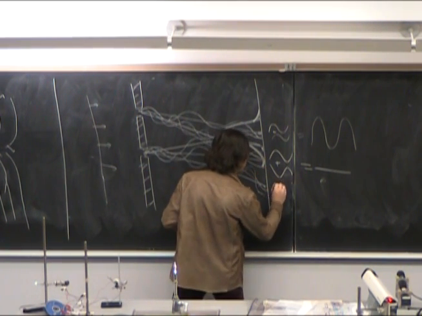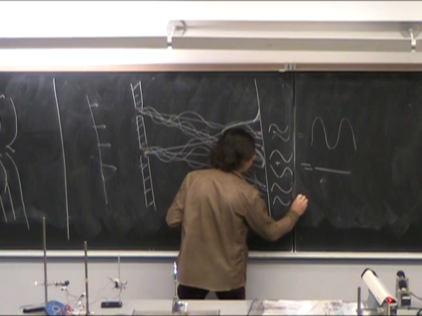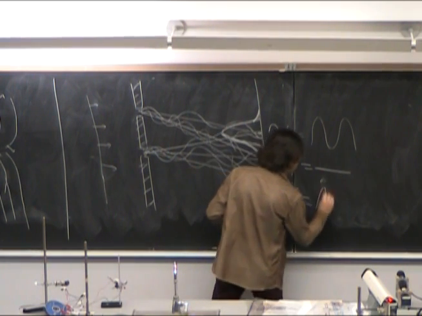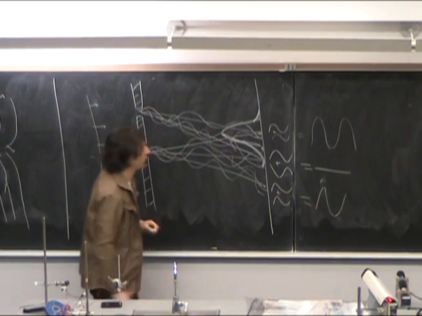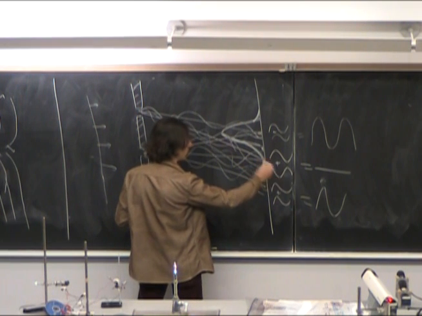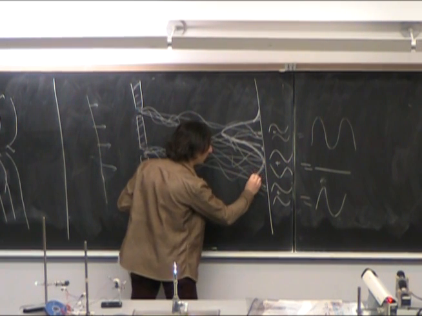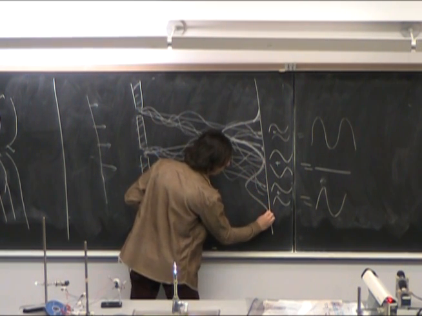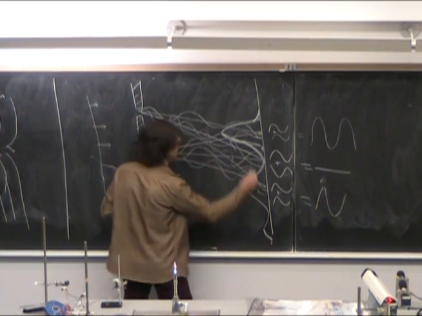So again, they will arrive in the same phase, and their addition will give me a stronger amplitude. So again, I will have a maximum, and then a minimum, a maximum, and minimum.